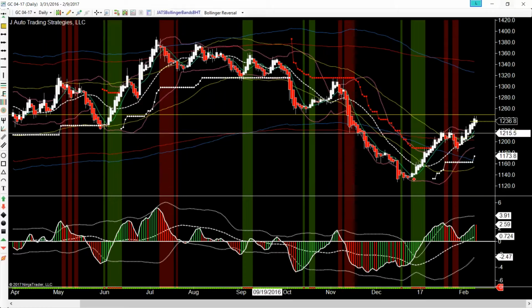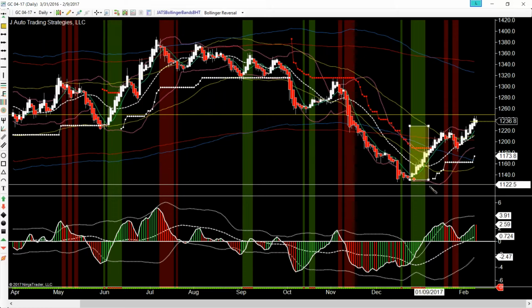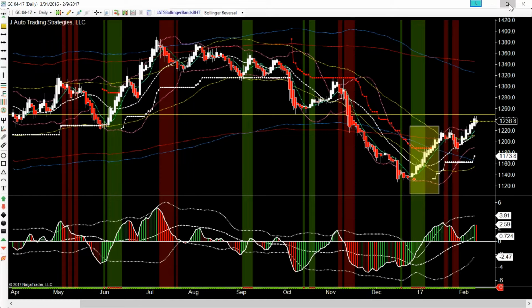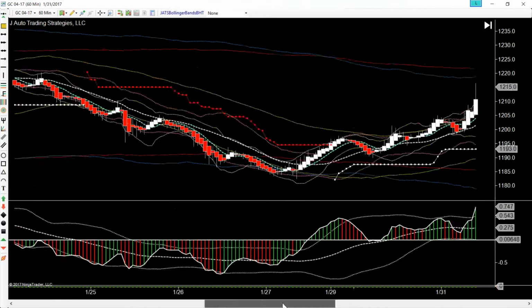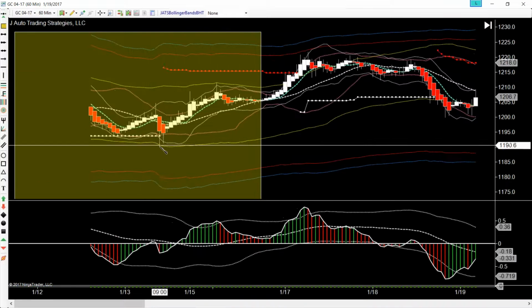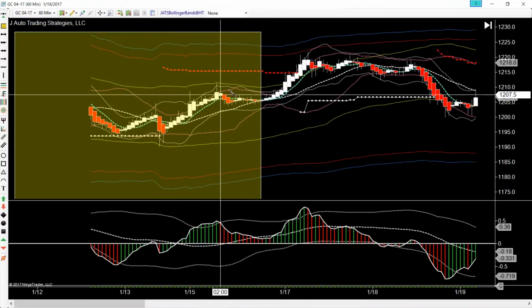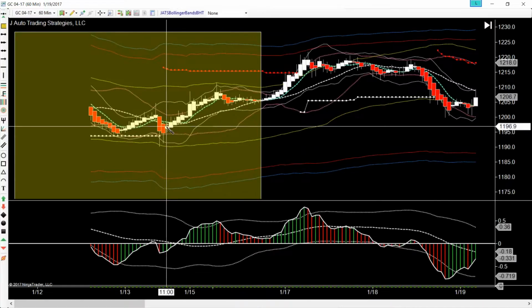So then you can get on your smaller time frame chart and buy the bottoms. Anytime it hits these bottom bands, just get long, or wait for the candle to turn.